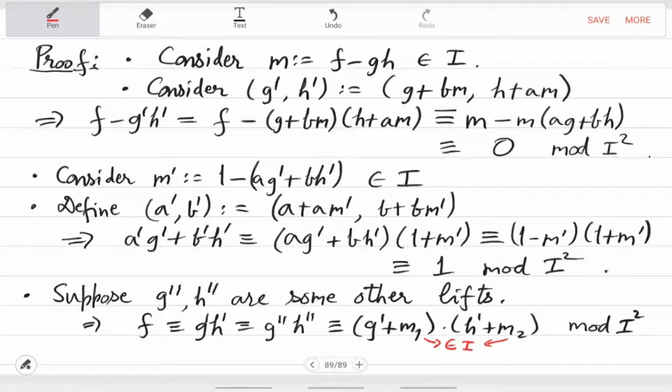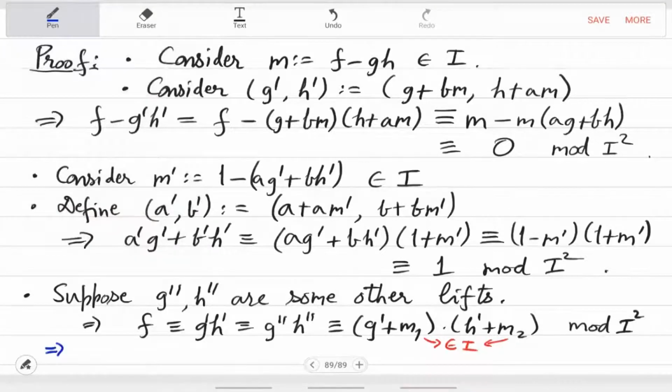Okay. So what do we do next? Yeah, I think we just multiply and take the difference. So basically g prime h prime is equal to this product. So you subtract g prime h prime from this side and that result is 0. Let's write down that congruence.